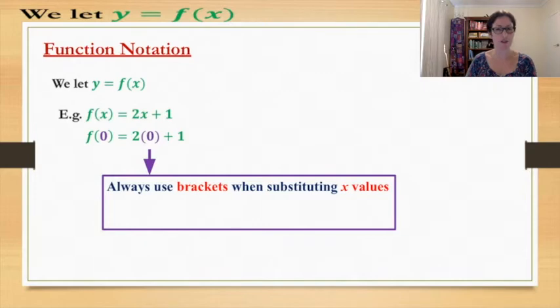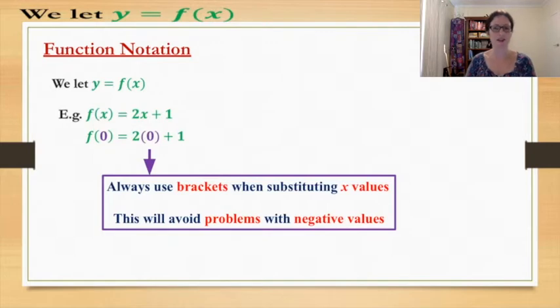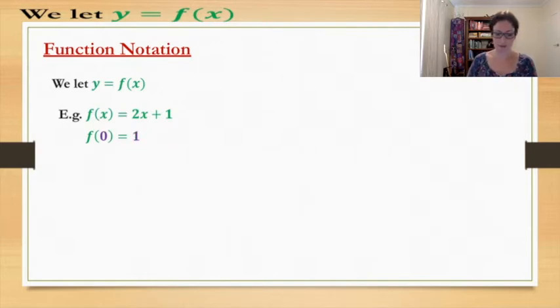Have you got any thoughts as to why that might be important? Well, it's so it will avoid problems with negative values. We're going to do a few examples later down the track where you can see when you start to have double negatives, how you've got to be really careful with those. Okay, so where we had an x, we substituted in 0, that becomes 0 there, add 1, so we're just ending with 1.